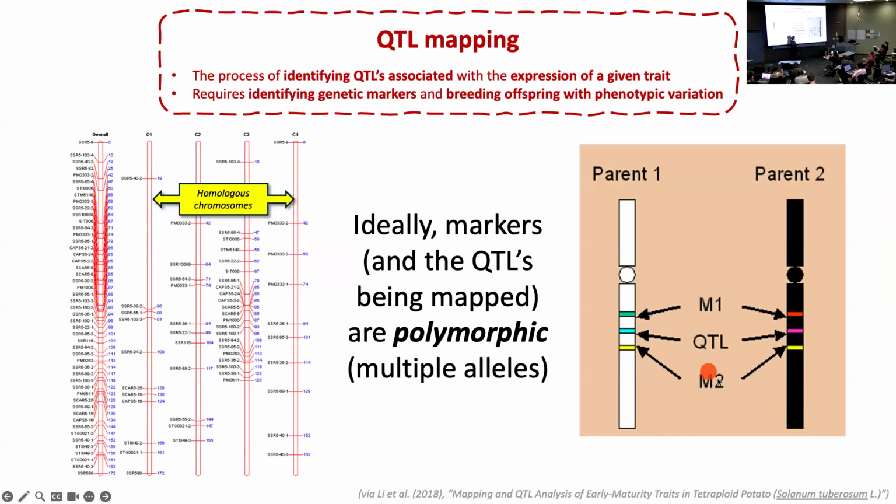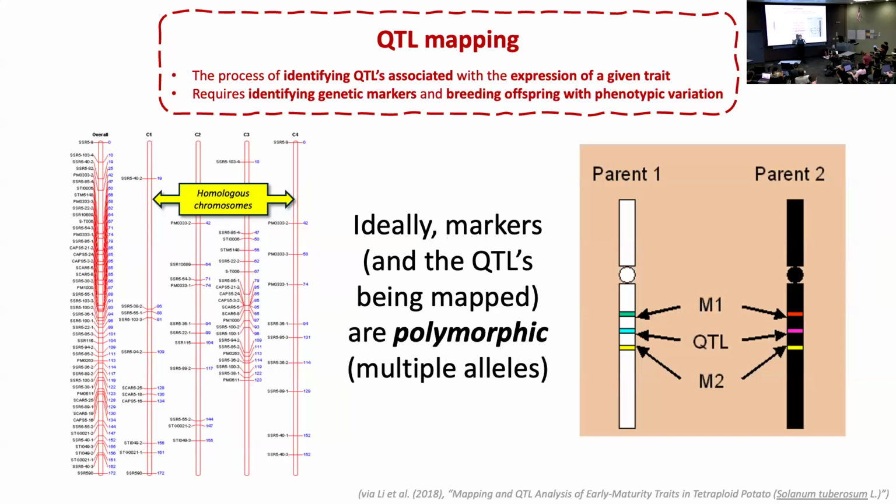This marker happens to have the same allele across these two parents, but hopefully you've chosen enough markers that if you were to pick any two parents, a lot of the markers are going to differ. That's the hope when we choose these markers. And the trick here that we're going to see in a second is that our QTLs, the plausible places where the behavior that we're chasing down is likely to be located, are going to be close to some of these markers.